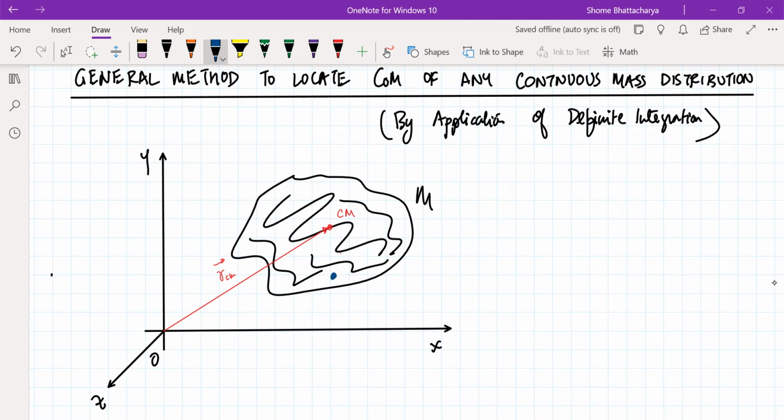So let's say arbitrarily some particle here is of mass dm, and that particle's position vector is this. So we divide the rigid body into differential mass elements or differential particles, that means very small particles which are at individual locations r. So dm is what we call a differential mass element.